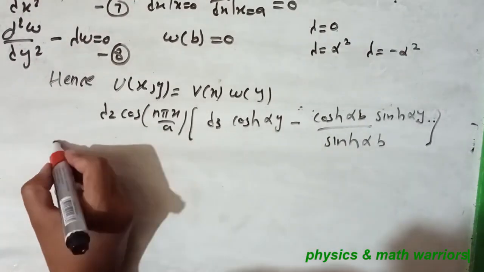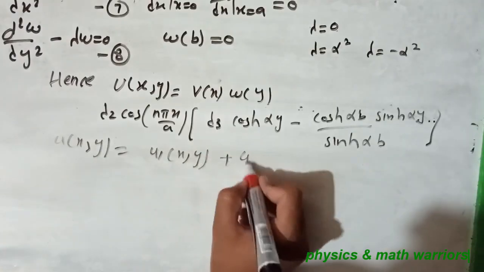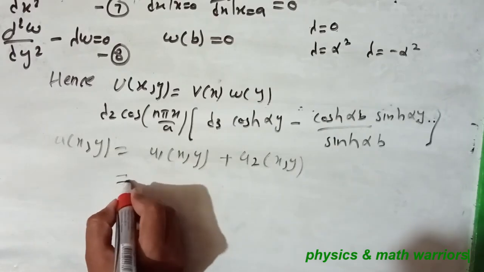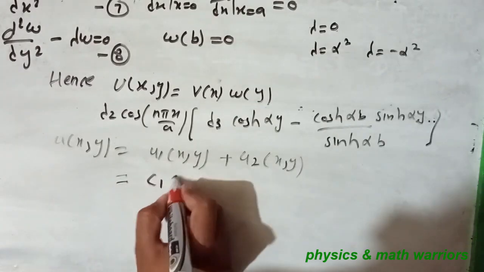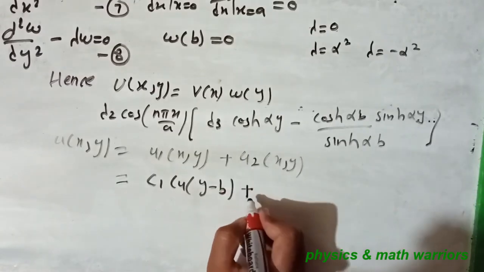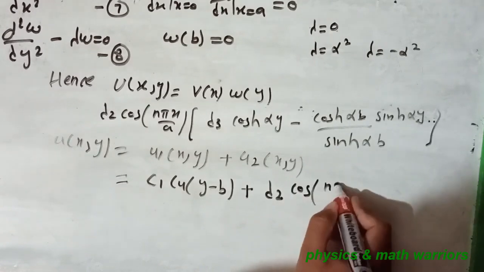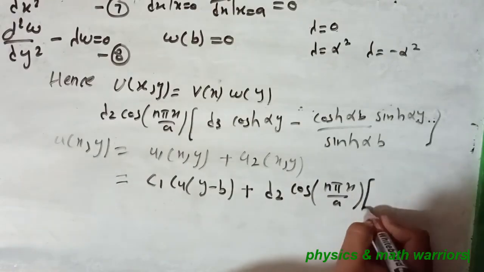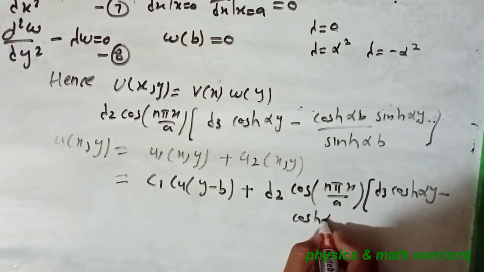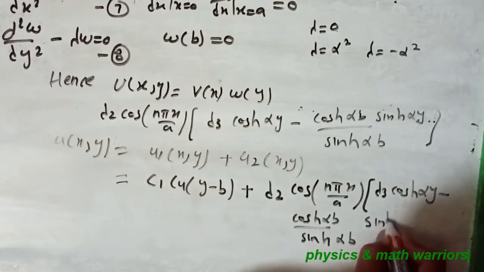So the combined solution is u of x and y is equal to u1 of x and y plus u2 of x and y. u1 of x and y is the solution when lambda is equal to 0, which is equal to c1 c4 times y minus b, and u2 of x and y is the solution when lambda is equal to alpha square, which is equal to d2 cos n pi x over a multiplied by d3 times cos hyperbolic alpha y minus cos hyperbolic alpha b over sine hyperbolic alpha b multiplied by sine hyperbolic alpha y.